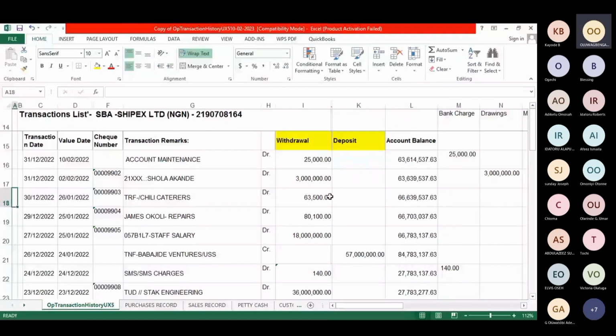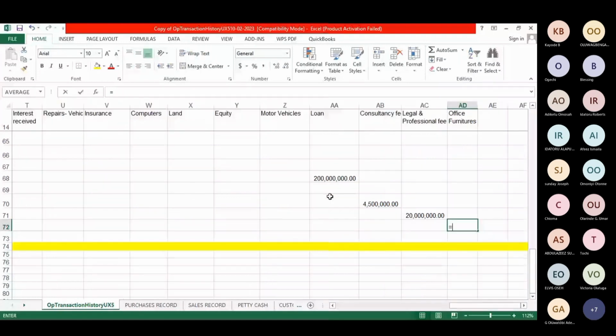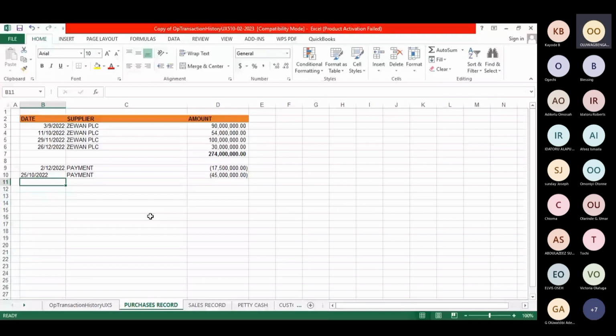This is relating to purchase of office furniture. Z1 PLC is our supplier. Come here.